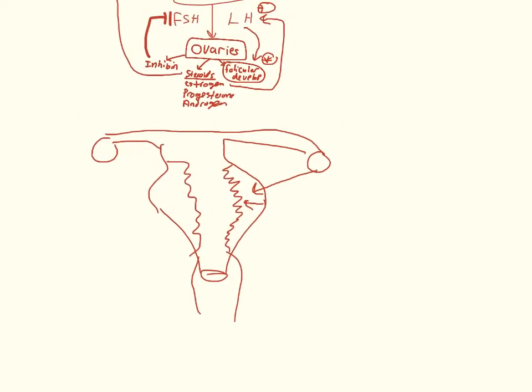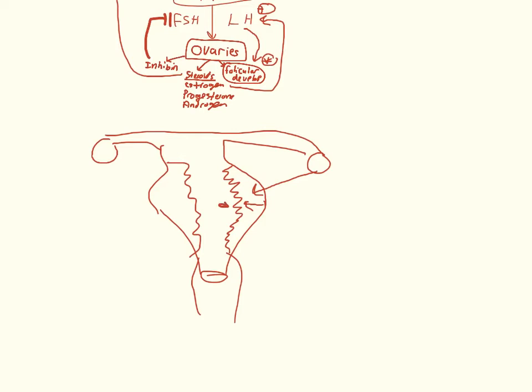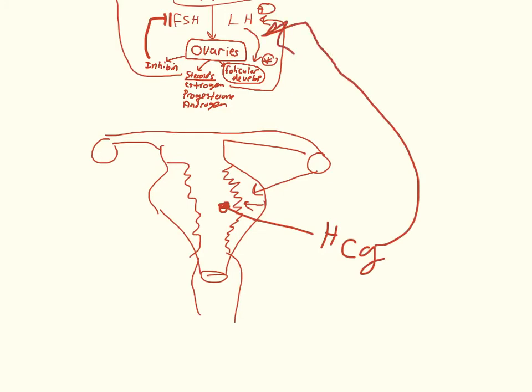So if you have an egg implant in here, it will start producing HCG, and HCG will go back and act on the ovaries and maintain the follicle. So essentially it's acting to maintain the follicle so that you keep your estrogen, progesterone, all the steroid levels high.